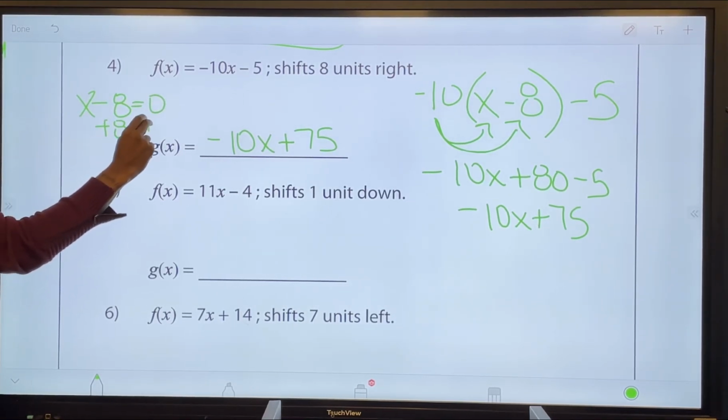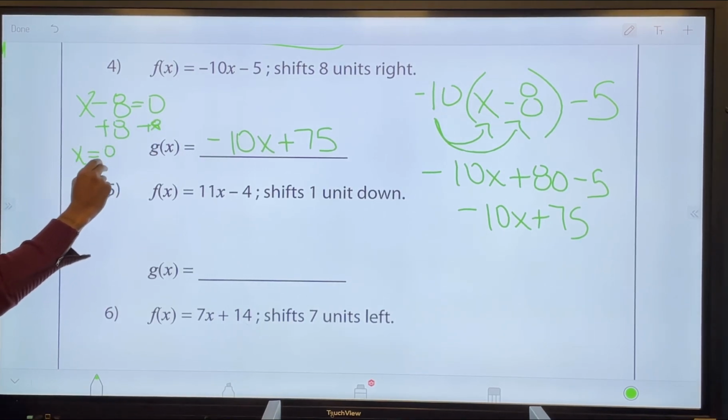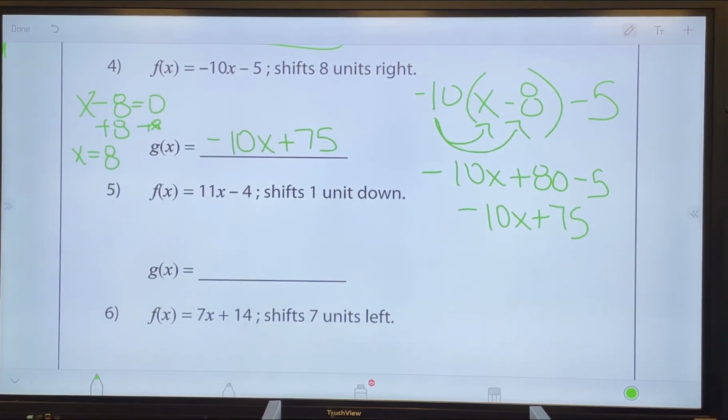Plus 8, x equals 8. That's why you go to the right. So only inside the parentheses, everything is opposite. If they're telling you to go right, it's negative. If they're telling you to go left, it's positive. Just in the parentheses. But on the outside, it's k, and up and down are just regular. That's it.